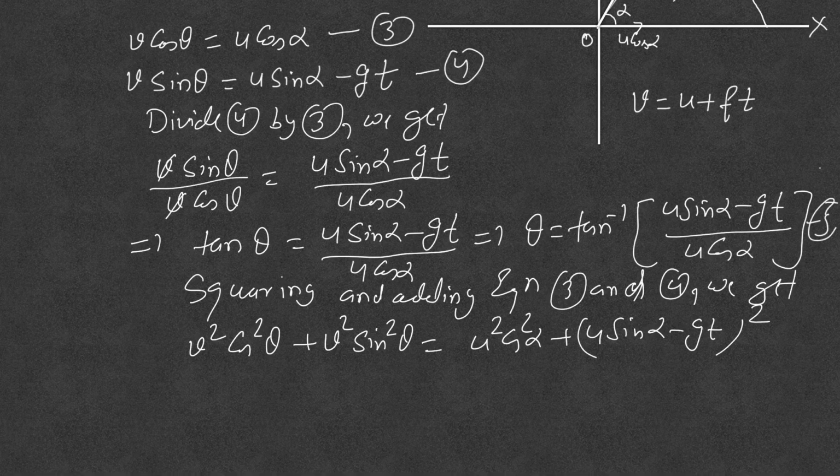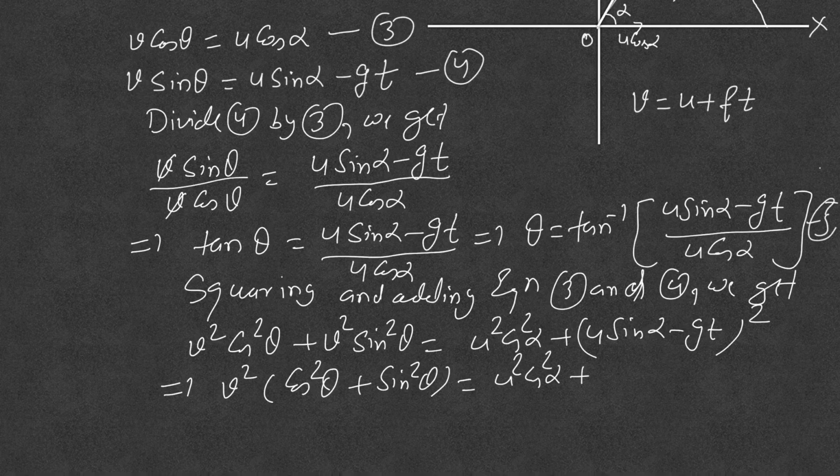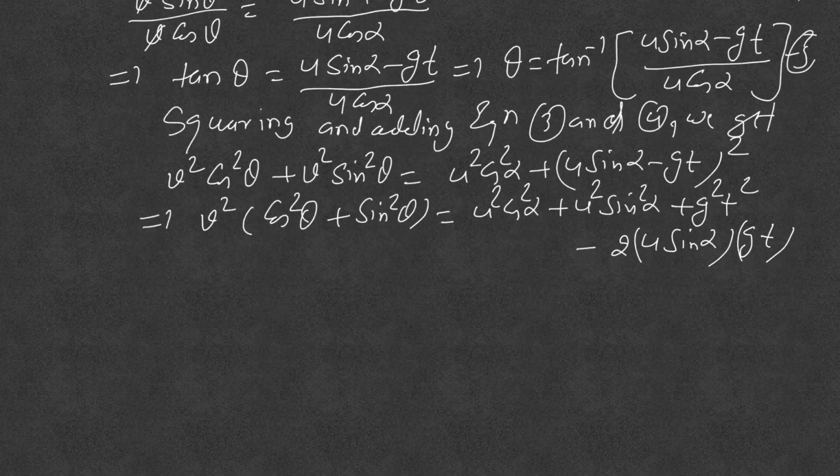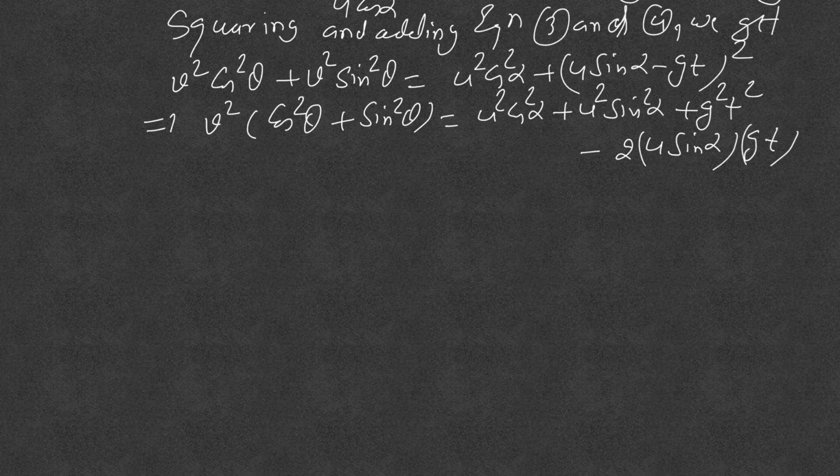So this implies v square, and inside we are left with cos square theta plus sin square theta, is equal to u square cos square alpha plus u square sin square alpha plus g square t square minus 2 u sin alpha gt. We know cos square theta plus sin square theta is 1.